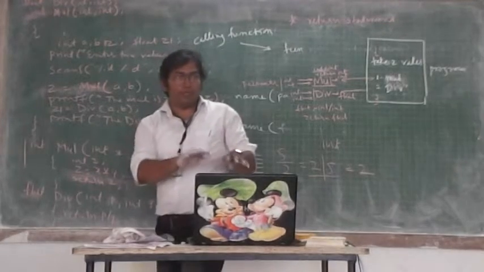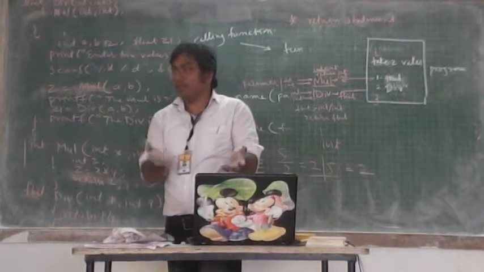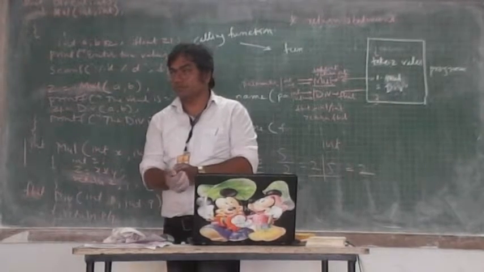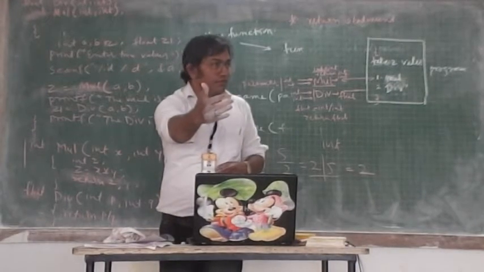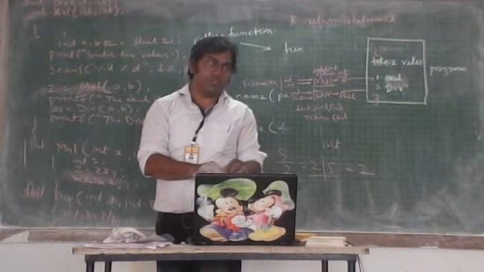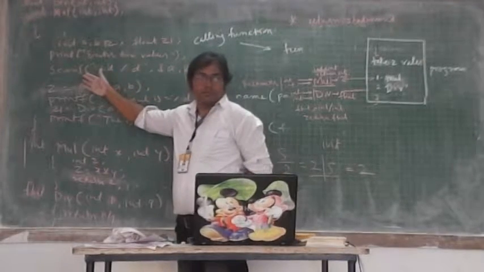Our program is typing and nobody is the receiver, then where does the input go? Okay? So somebody should be there to receive the number input by the user, and that is exactly what the scanf function is doing.